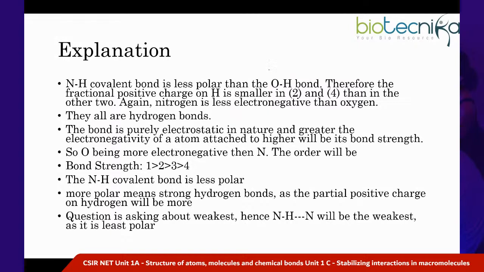Oxygen is 3.5 and hydrogen is 2.1. Nitrogen is 3 and hydrogen is 2.1. So you can see the difference. Here the difference is more. So as I said, the more the electronegativity difference. Yes, very good, Sagarika. So here the electronegativity difference is more. That is why this is more polar.